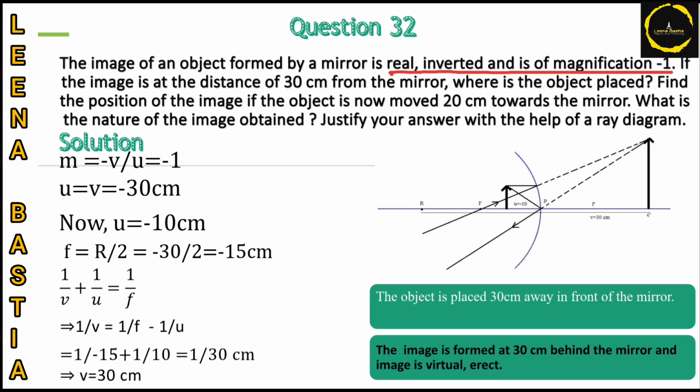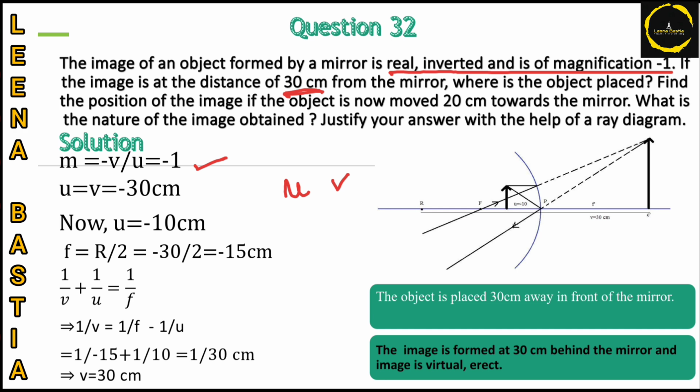A very clear indication: m equal to minus 1. If the image is at a distance of 30 centimeter from the mirror, where is the object placed? So that means it is asking for u. Find the position of the image. It is asking for v as well, right?